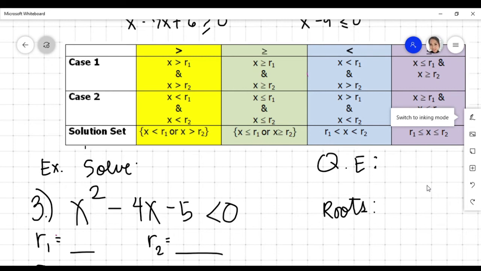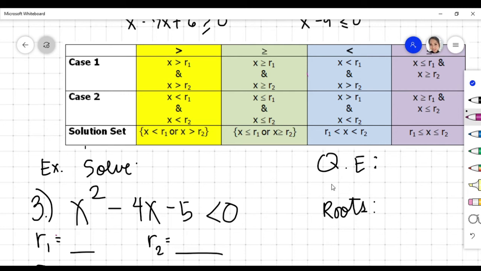Number 3, solve the inequality x squared minus 4x minus 5 less than 0. First, let's rewrite it into the quadratic equation, x squared minus 4x minus 5 equals 0, where the roots using Vieta's are positive 5 and negative 1.